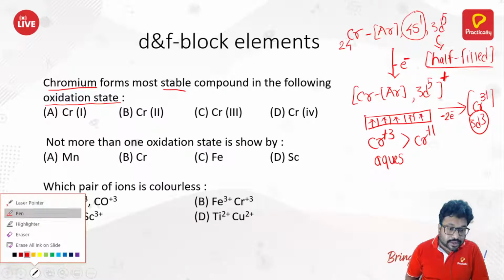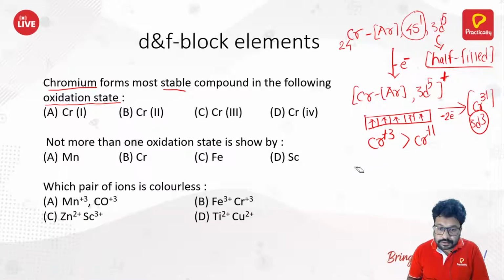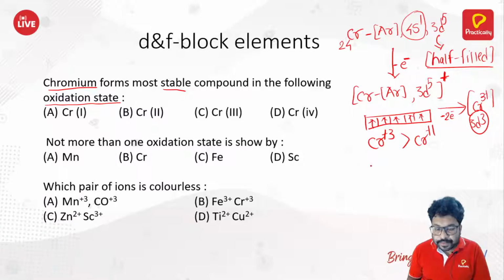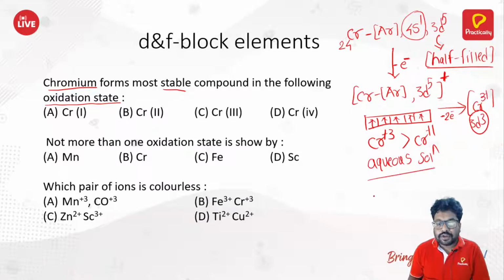Now what actually happens in an aqueous solution? Let me tell you. See, this all happens in an aqueous solution. Now in aqueous solution, your Cr3 plus gets solvated by water, and your Cr plus 1 also gets solvated by water.